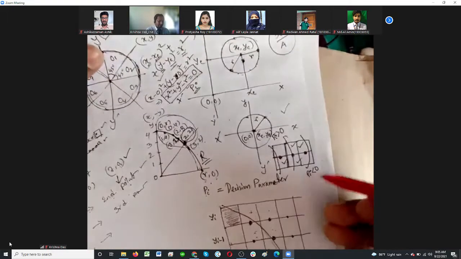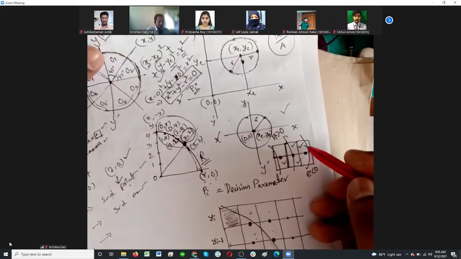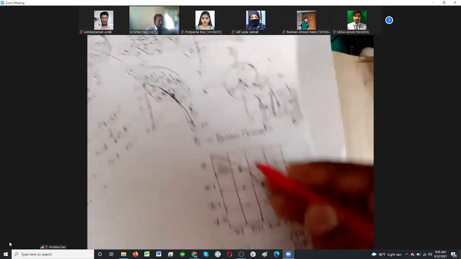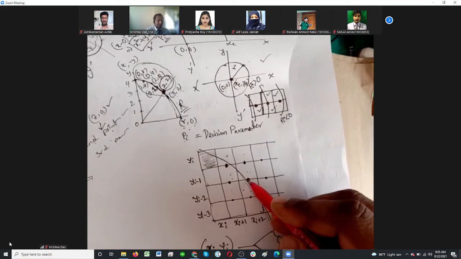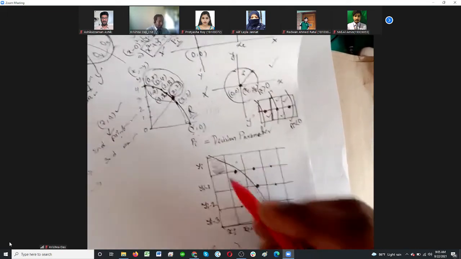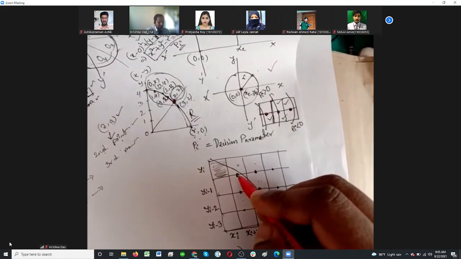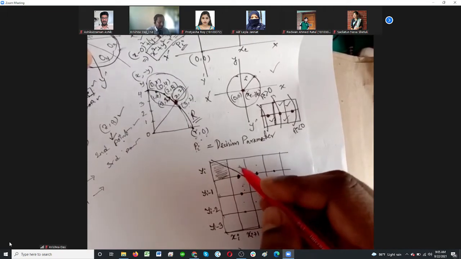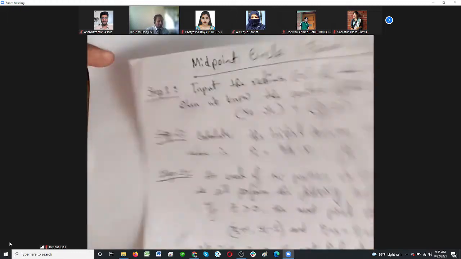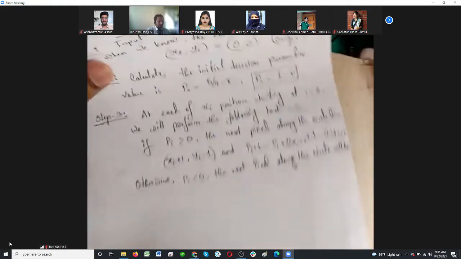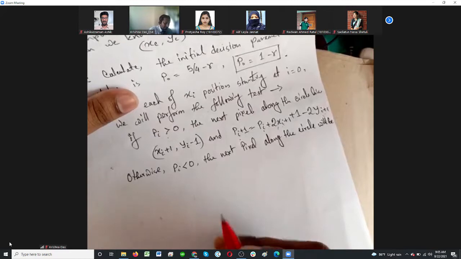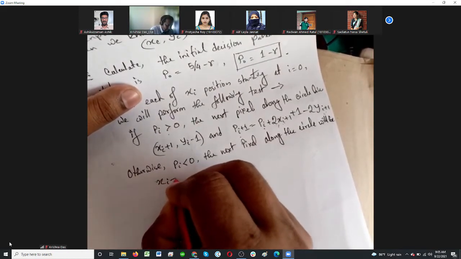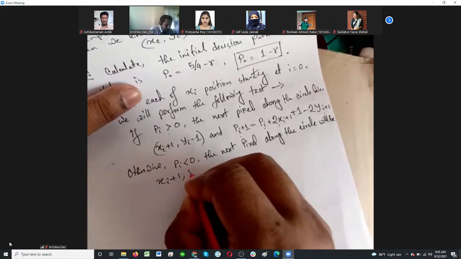When it is negative, then definitely we take the upper one. Negative means the midpoint is inside the boundary, so that it becomes negative. So we take the upper one, and in that case our y coordinate value is not changing, so the pixel that we get is x(i+1), it's increasing, and yi is the same.